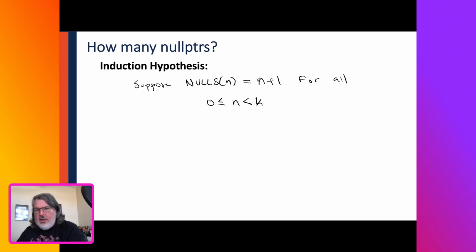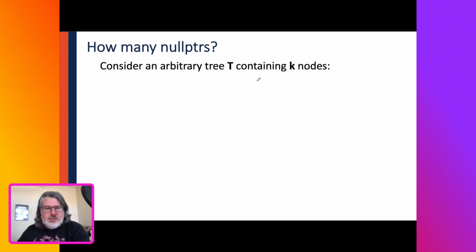So now let's try to write our induction. Now we want to consider an arbitrary tree T with k nodes. So we have some tree T that has k nodes. I waited for a little bit.